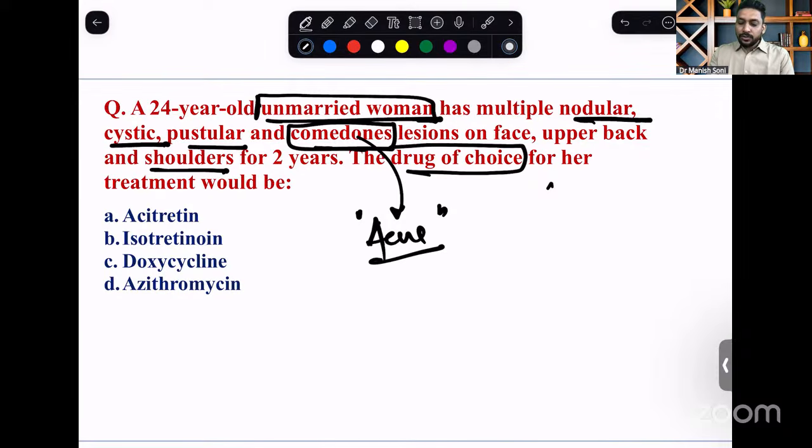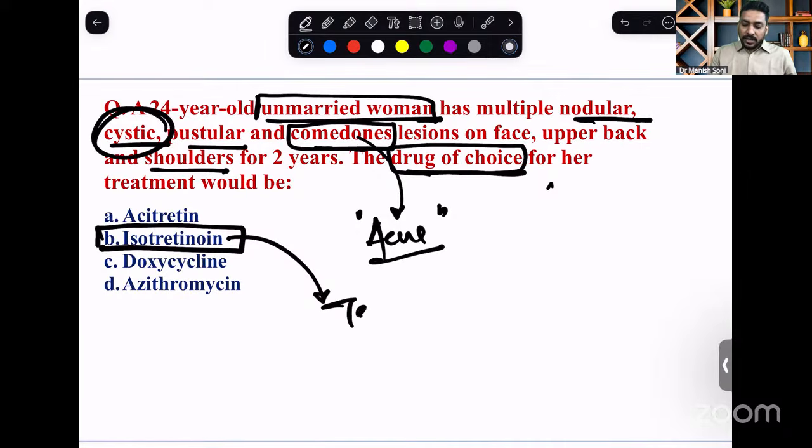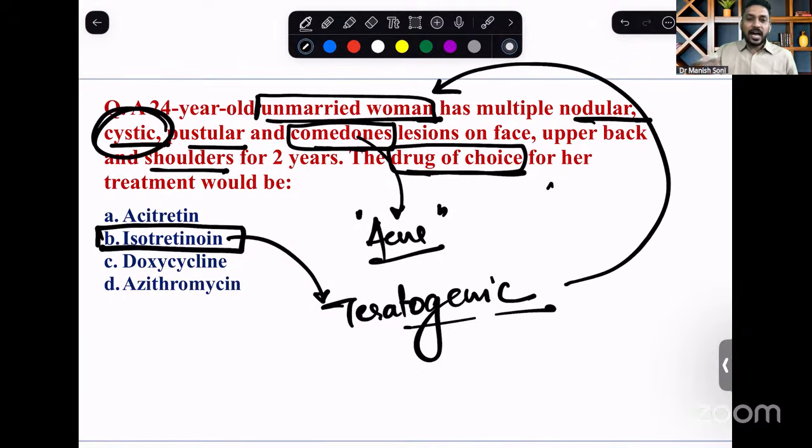What is the drug of choice? We know that in nodulocystic acne, that is severe acne, the drug of choice is isotretinoin, and it is a teratogenic drug. It should be avoided during pregnancy, but the female here is unmarried, so you can easily give this drug and counsel the patient that whenever she's planning to get married, she needs to stop this drug.